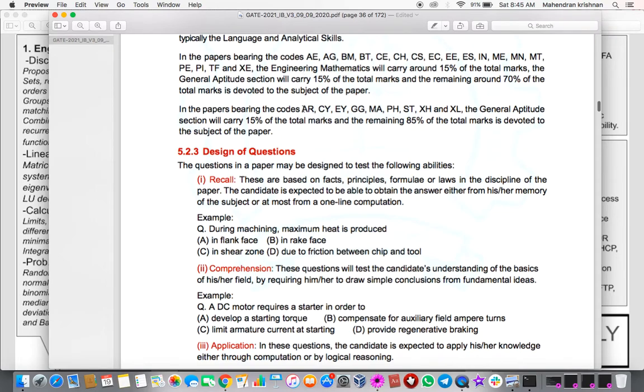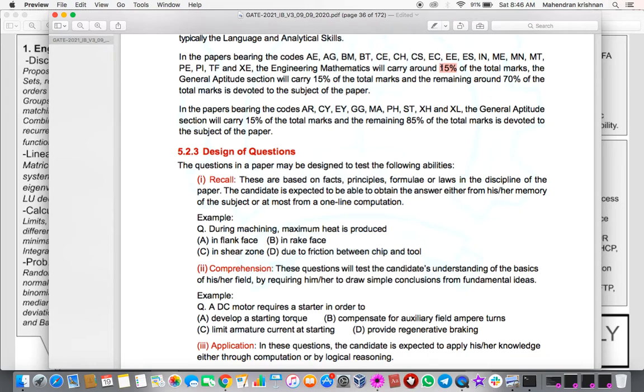For selected papers there is no mathematics, and instead the entire remaining 85% is for the individual subject. For papers such as computer science, 15% is again deducted from that.